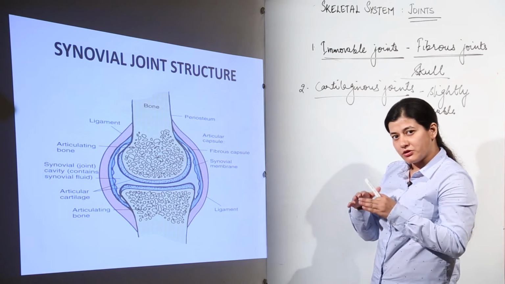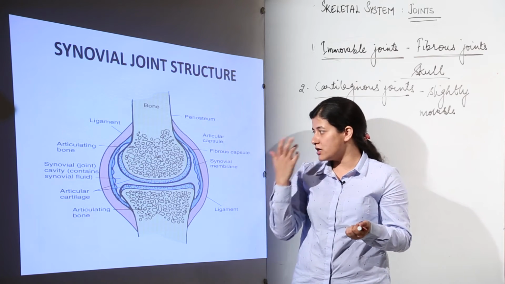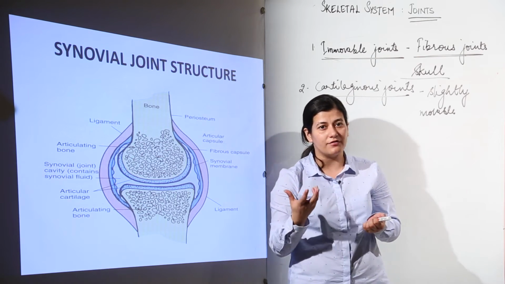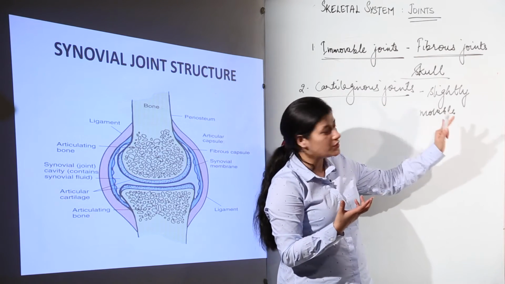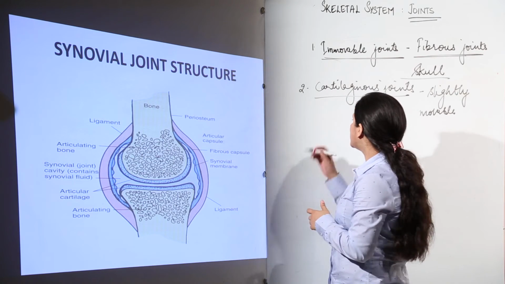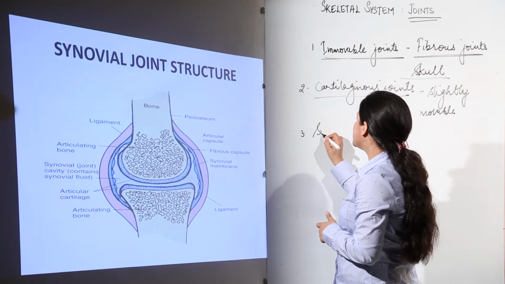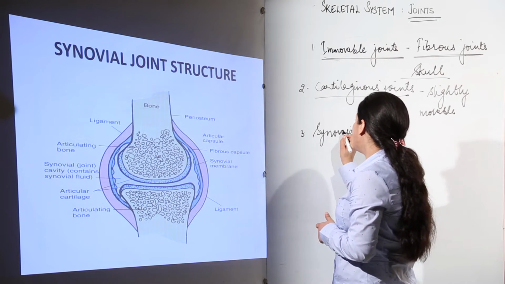That is why they are able to fold themselves in a small box. Those shown in magic shows and all, they have a cartilaginous skeleton. That is an exception. So we have cartilaginous joints which are slightly movable, and they would be present in the intermediate vertebrae. And the third one is the synovial joint, which is freely movable.